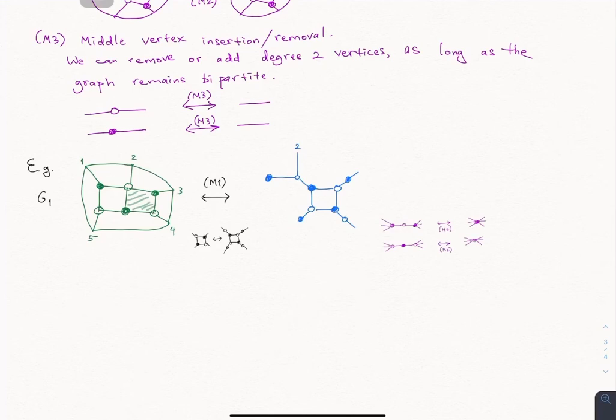And similarly, this black vertex is connected to the white internal vertex, and then this black vertex connects to the boundary vertex 3, and this white vertex connects to the boundary vertex 4, and then the rest of the graph should be the same.